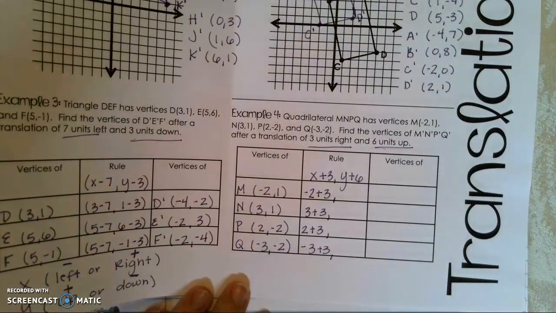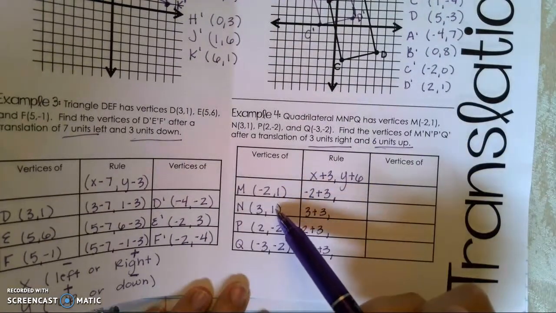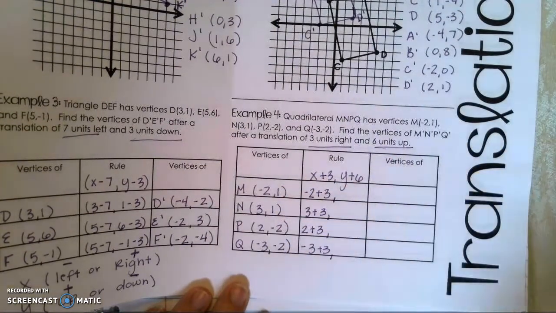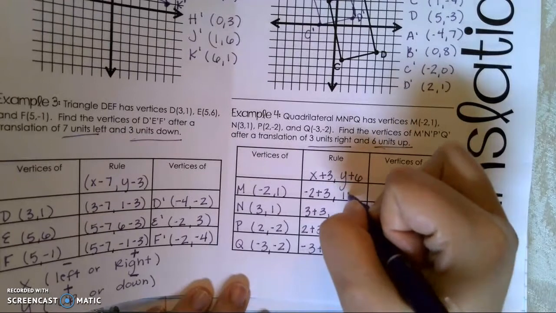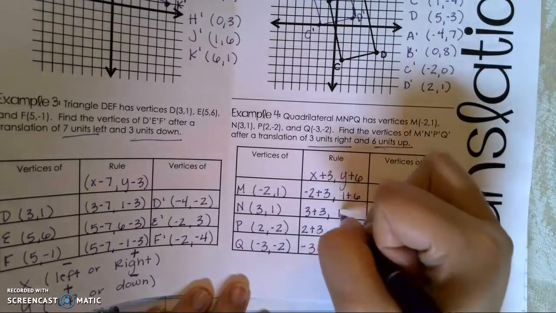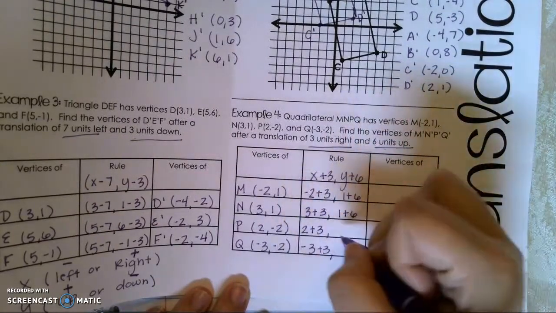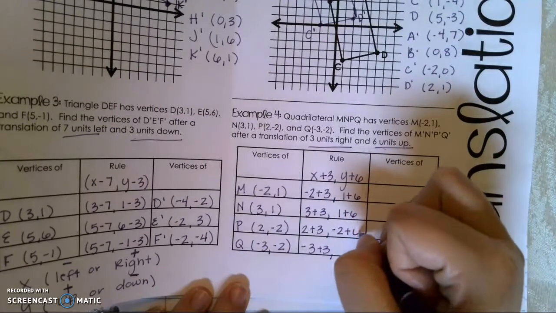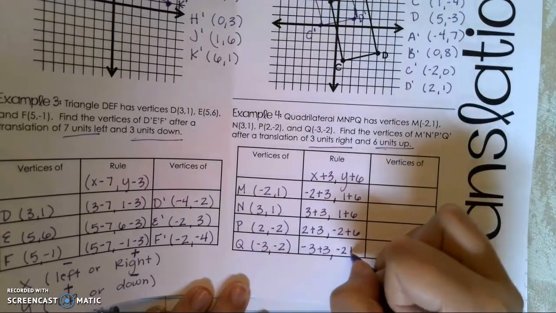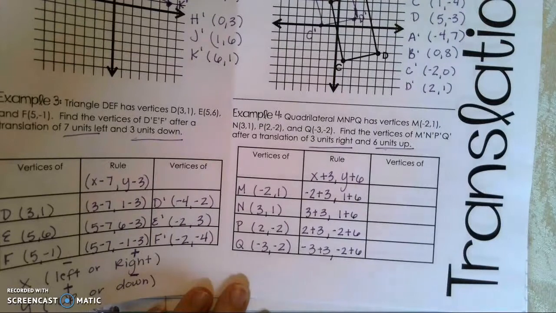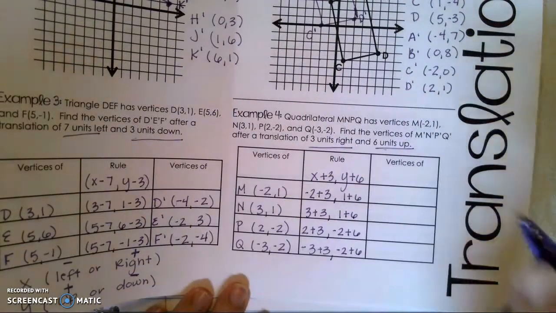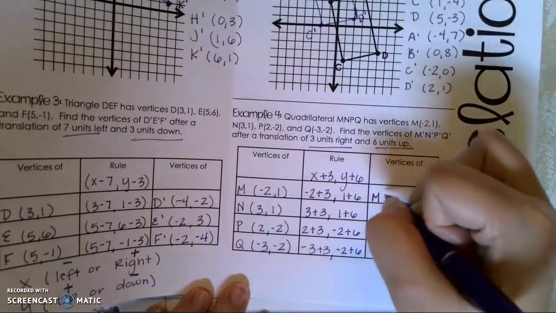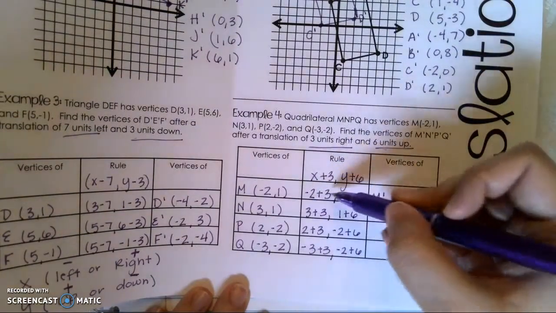Then since I'm moving 6 up, I'm going to take my original y-coordinate and add 6 to it. 1 plus 6, 1 plus 6 again, -2 plus 6, and -2 plus 6. They don't always repeat, but sometimes they do. And then I can get my new coordinates by doing some math.